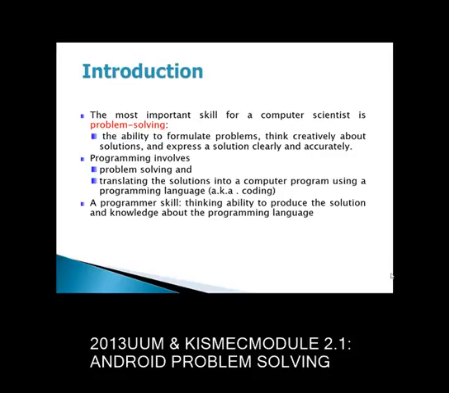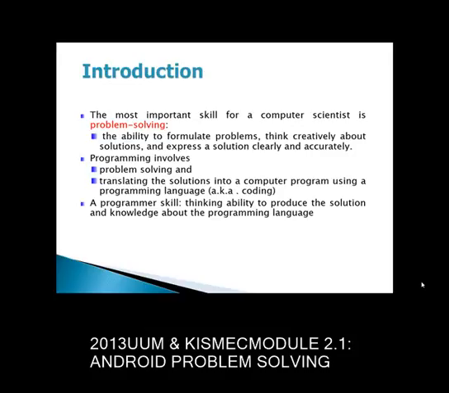So the ability to turn any problem into a solution, and then the proposed solution into a computer program using a programming language such as Java or C++ or PHP.